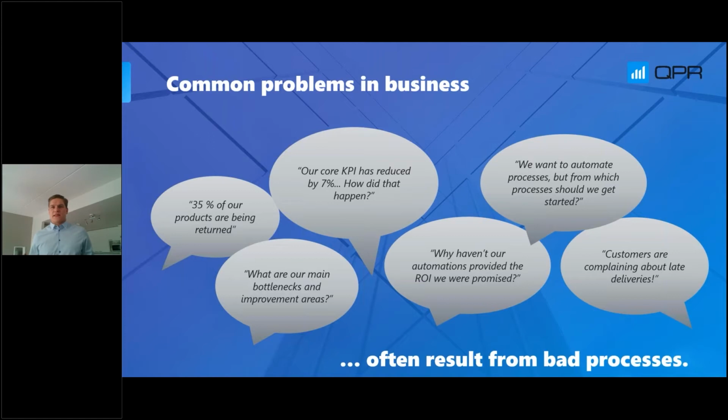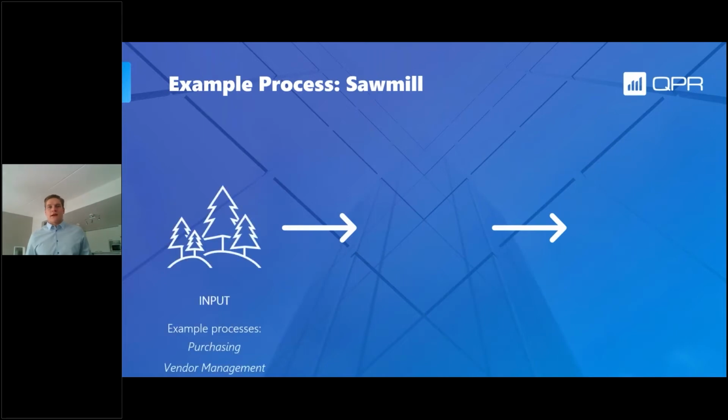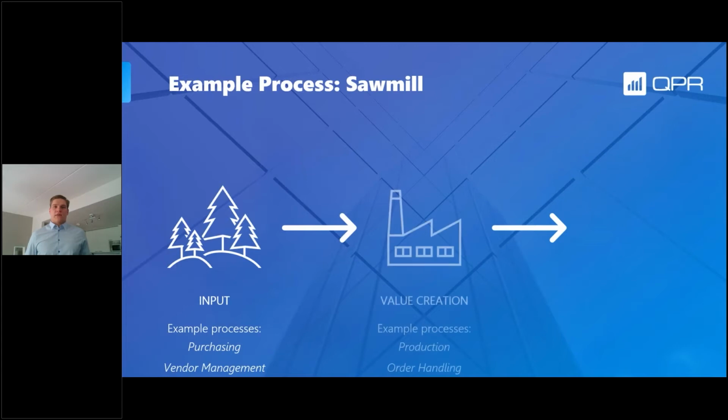As a very basic example, if someone is not familiar with the basic process structure, I use a sawmill. As an input, we would have different kinds of wood that go into the sawmill. For example, processes could be purchasing or vendor management, so you purchase some wood from someone who has chopped it down. Then you have the value creation part, so basically the production process or maybe the order handling process.